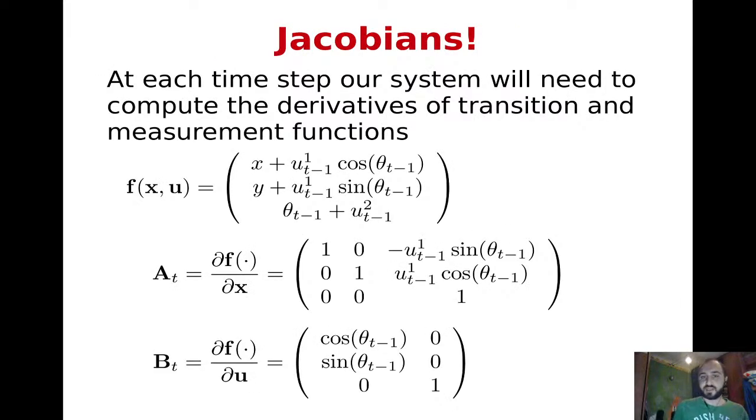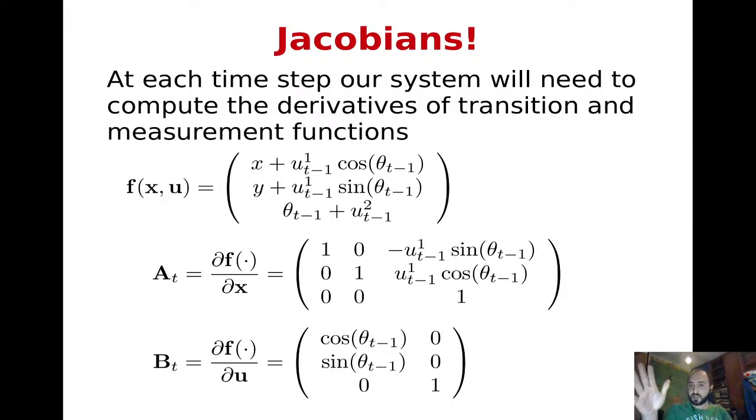So Jacobians. Of course, I don't have to teach you how to derive a thing. The thing that I want to stress is always the dimensionality. So let's take this example. Our state is 3-dimensional and our controls are 2-dimensional. Now we are speaking about the prediction step of an EKF, right?